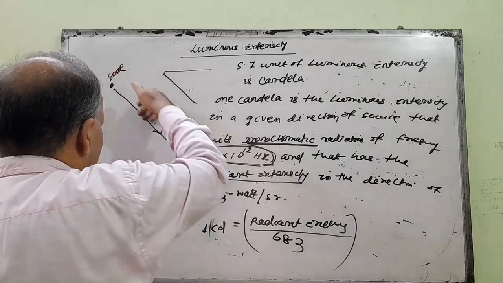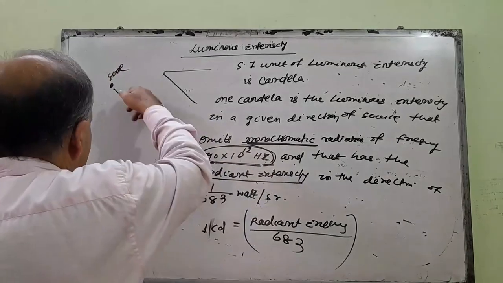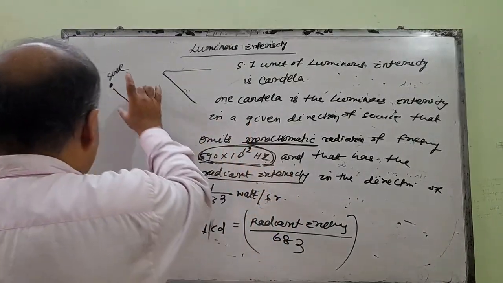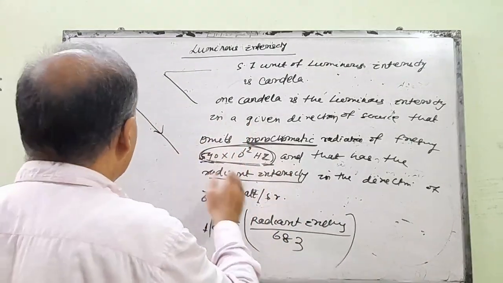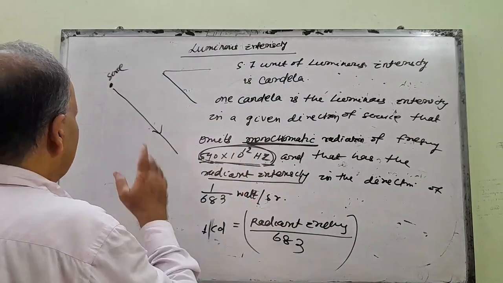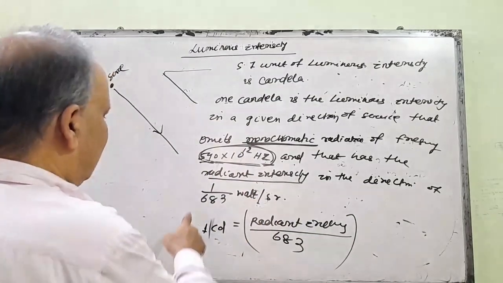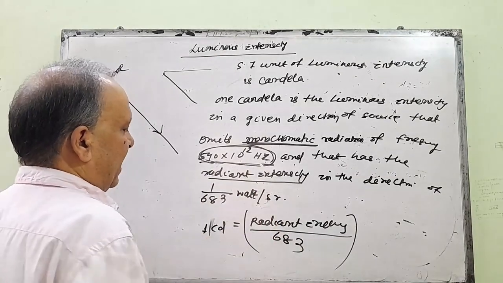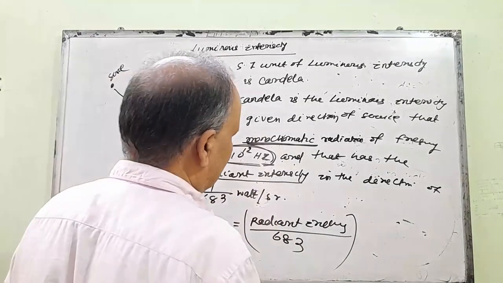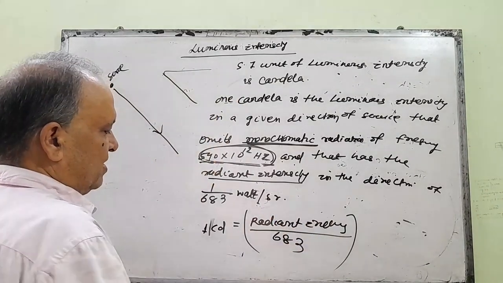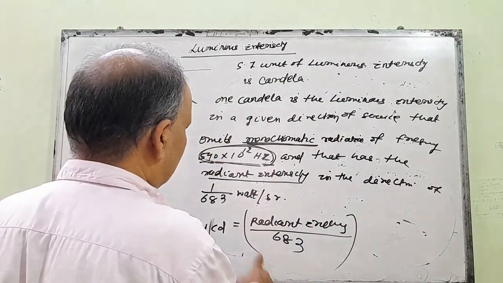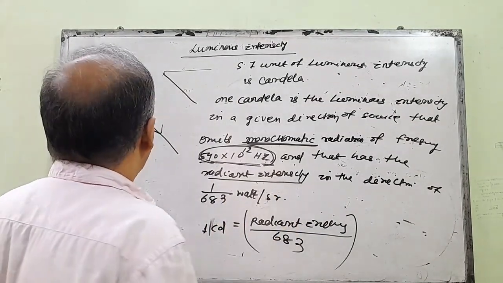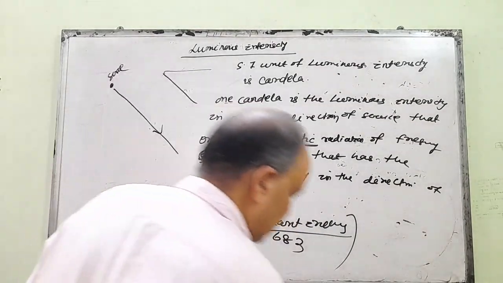That means this radiation is coming in this direction at this frequency, and when this radiation has a certain radiant energy and you divide it by this factor, that amount of luminous intensity is equal to 1 candela. 1 candela is that amount of radiant intensity by 683, that is this amount of watt per steradian.